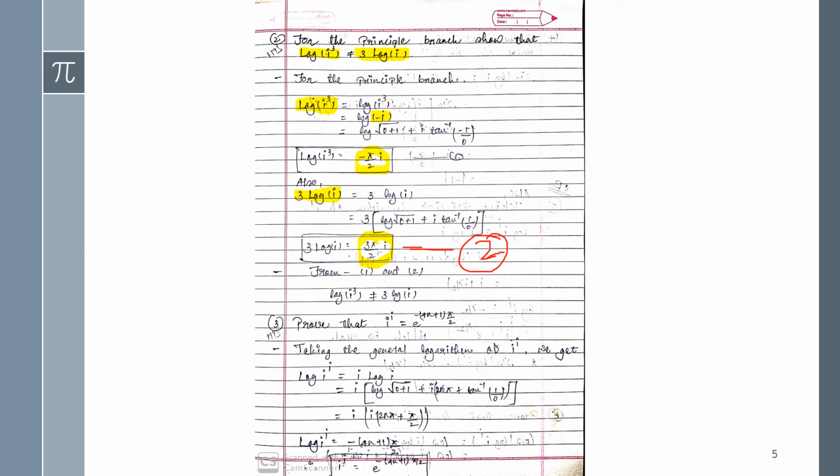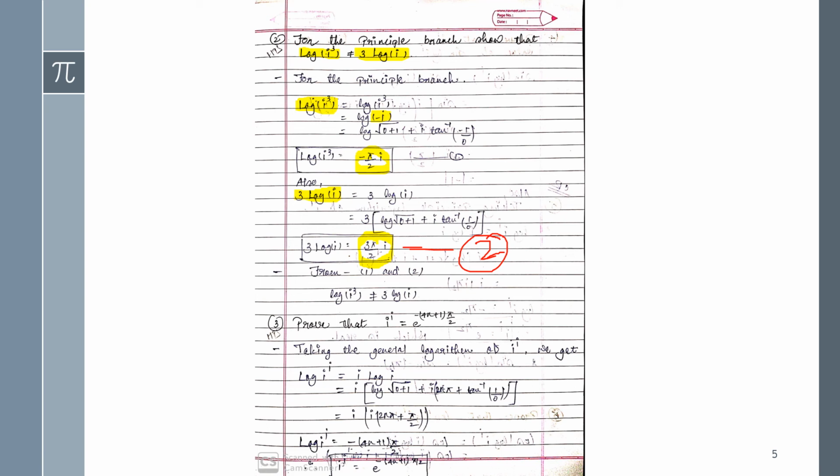Why? Because here it is given in i raised to i form, and I just want to remove this i from the powers. So we are converting into the normal form, because we have formulas for normal forms like log i or log x, log z, etc. So I'm just converting into the normal form.